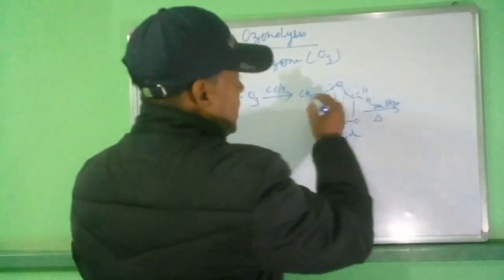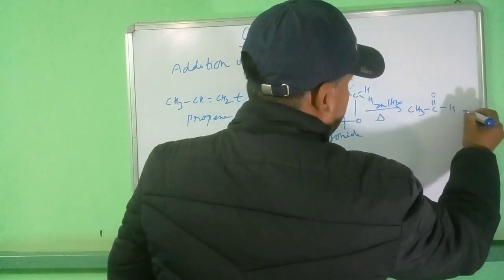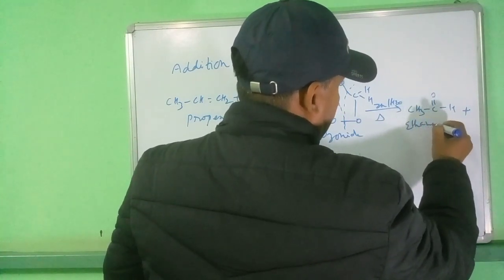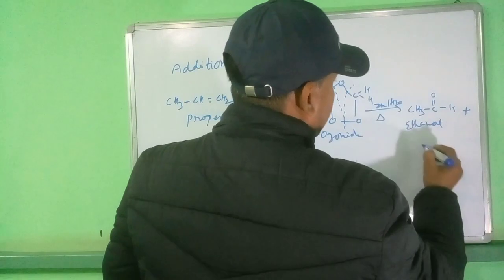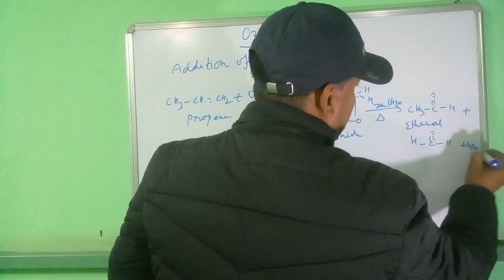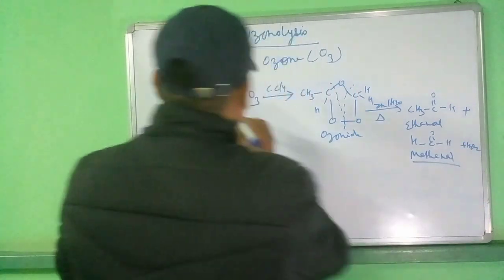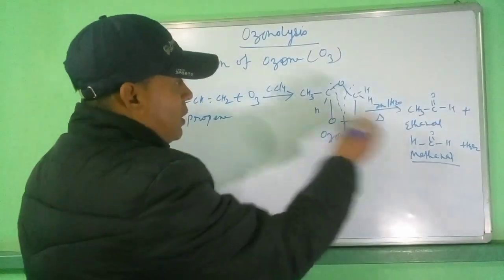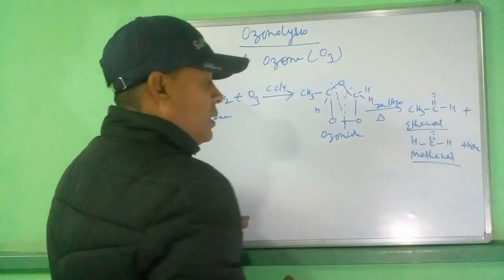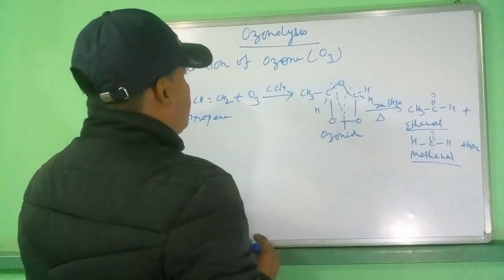One product is CH3CH double bond O, which is ethanal, and the other product is HC double bond O H, which is methanal, plus hydrogen peroxide. Again, propene reacts with ozone giving only aldehydes: one component is ethanal, another is methanal. Two different aldehydes, but only aldehyde is obtained.